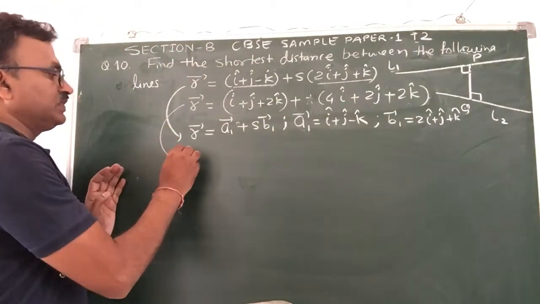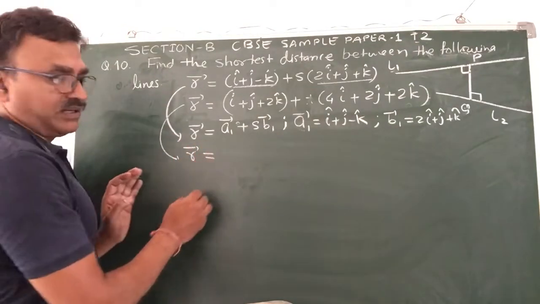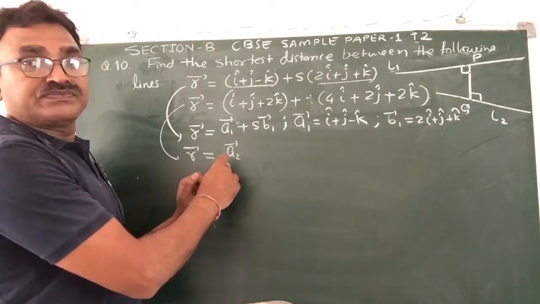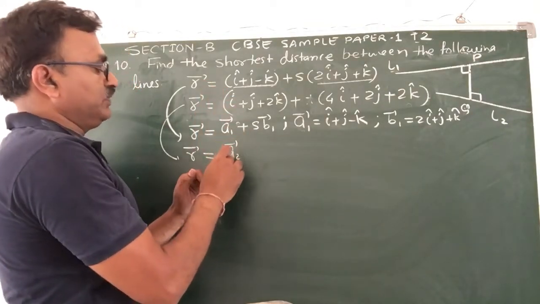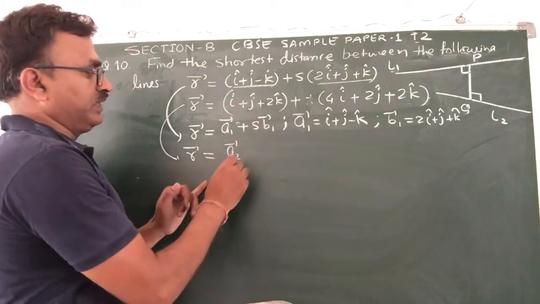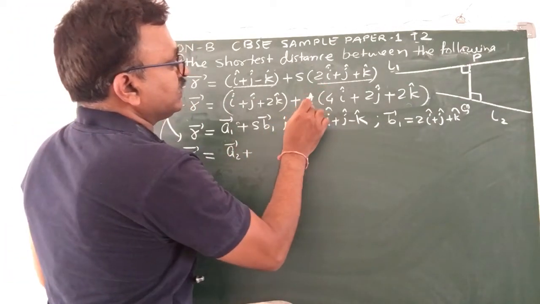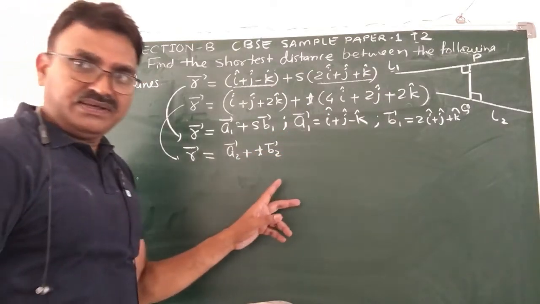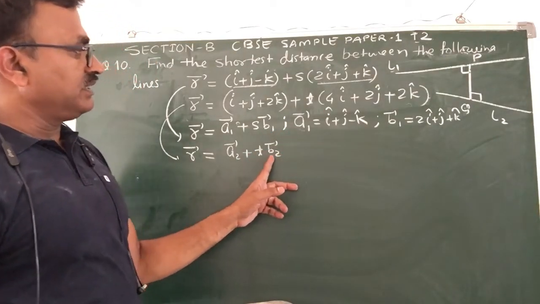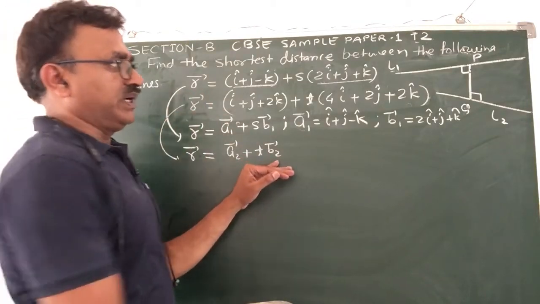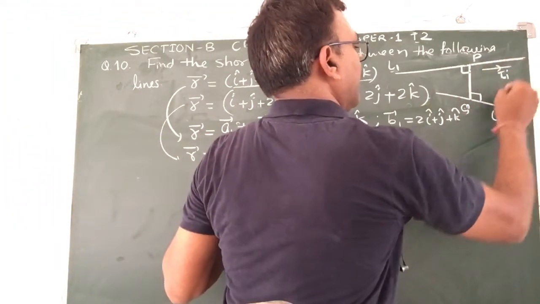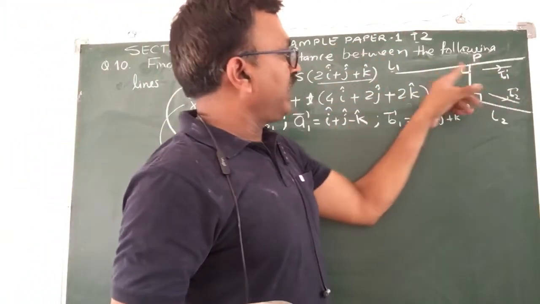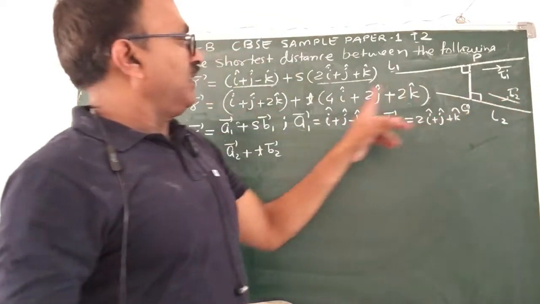Similarly, line 2 is compared with vector r equals a2, the position vector of a point of line 2, plus the parameter t given in the question times b2 vector. Here b2 is a vector to which line 2 is parallel. So this is b1 vector and this is b2 vector. Line 1 is parallel to b1, line 2 is parallel to b2.